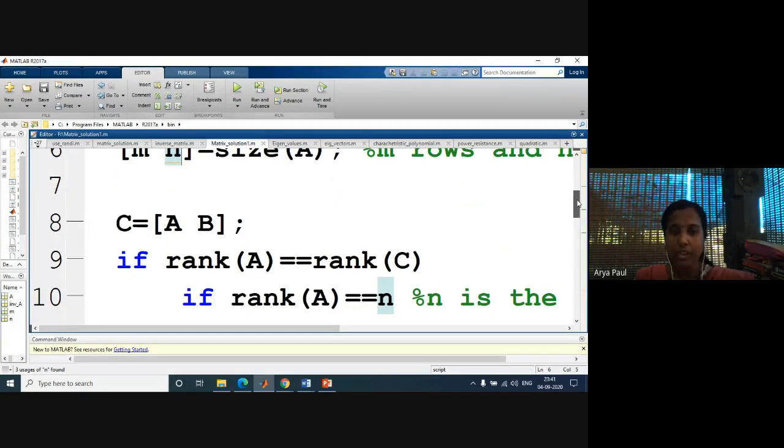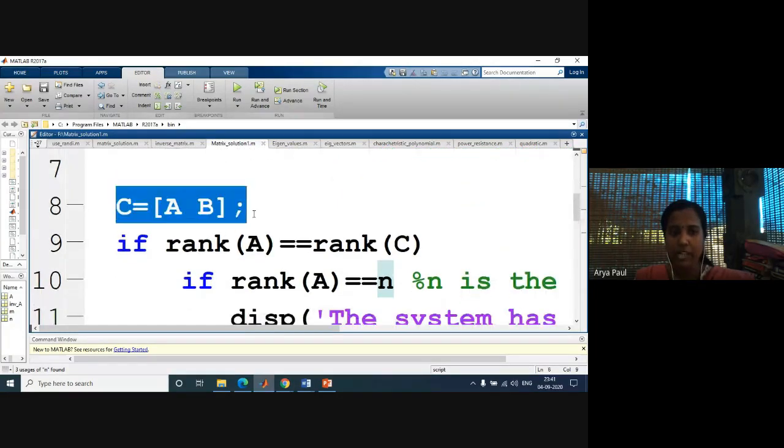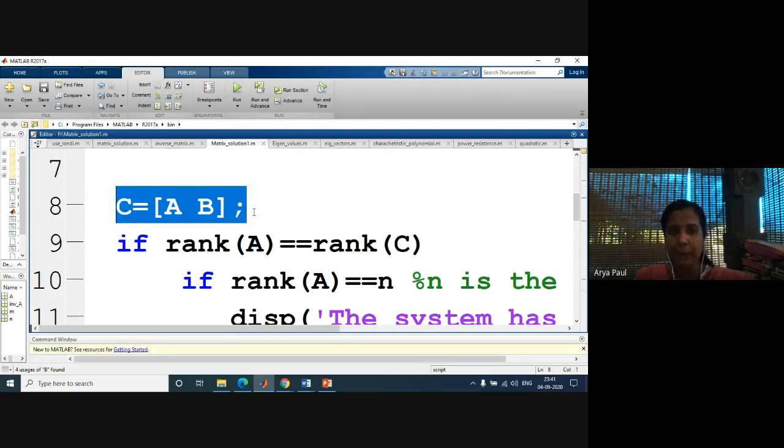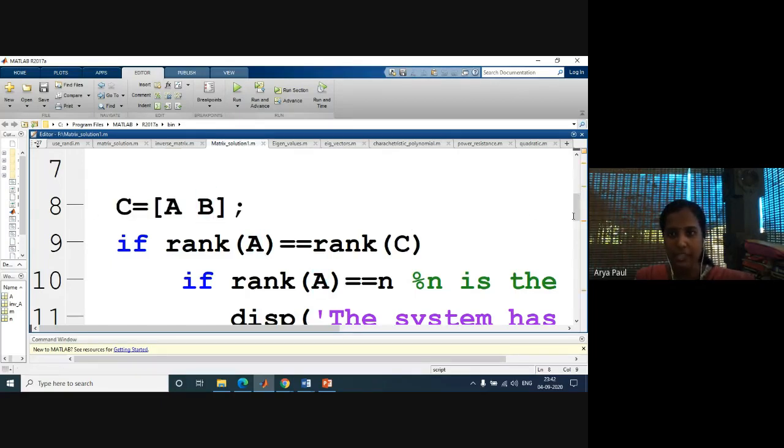Now C = [A B], and this C is the augmented matrix. You first write A, then after that B. So this is the clubbed matrix or augmented matrix. I hope this is clear.